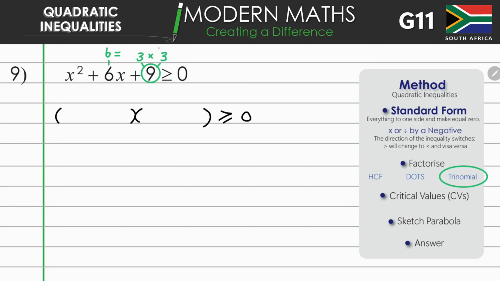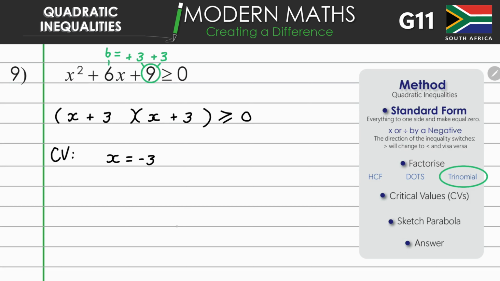So I need to add or subtract 3 and 3 to give me positive 6. So if I just say plus 3, that gives me the plus 6 in the middle. So my two brackets will be x plus 3 and x plus 3. And that gives us one critical value of x equals negative 3.